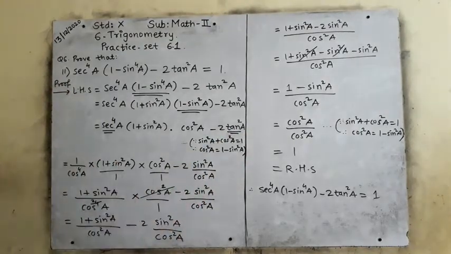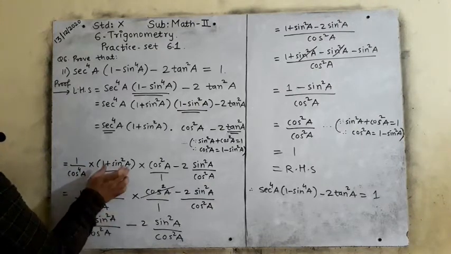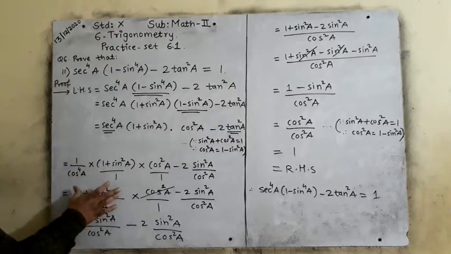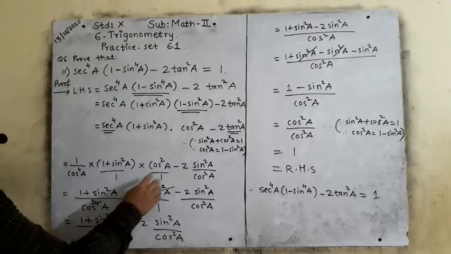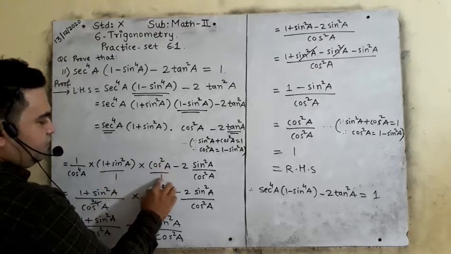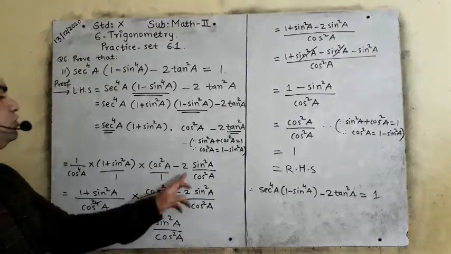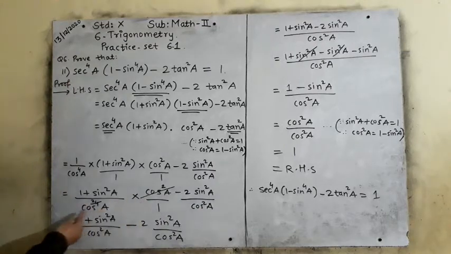The rest is as it is. Now we will multiply, numerator with numerator, denominator with denominator. So this will come as it is: 1 plus sin square A is 1 plus sin square A, and cos raised to 4 is cos raised to 4A. Now cos square A upon 1 will multiply here, so it will be cos square A, minus 2 sin square A upon cos square A. Now here can you see I have cut something.